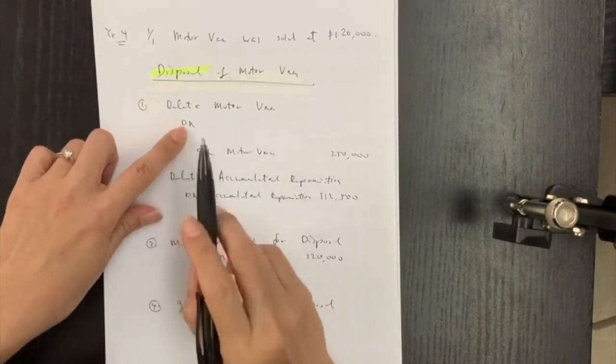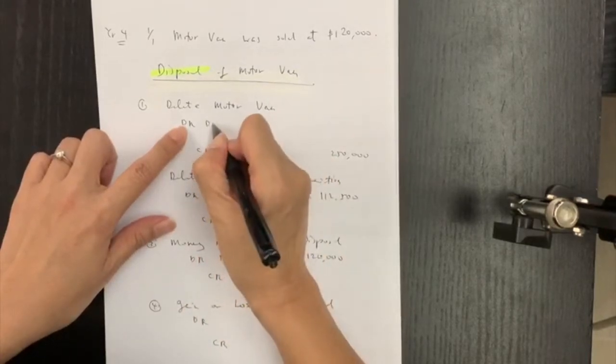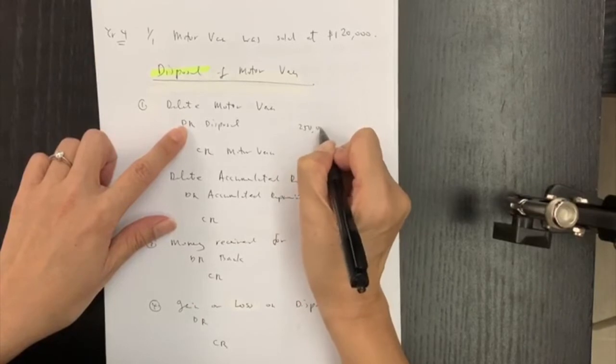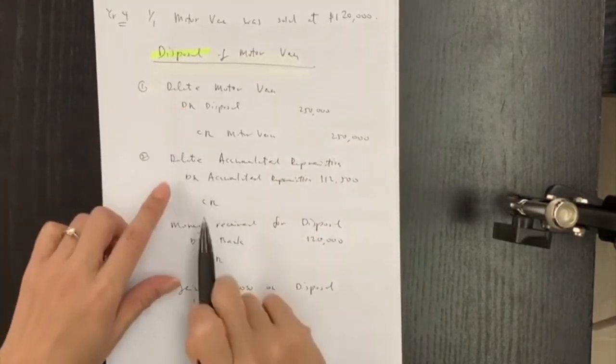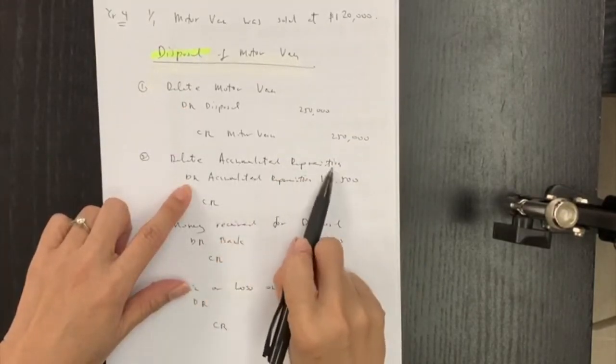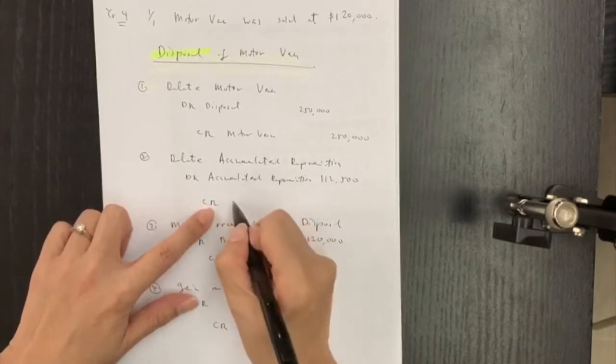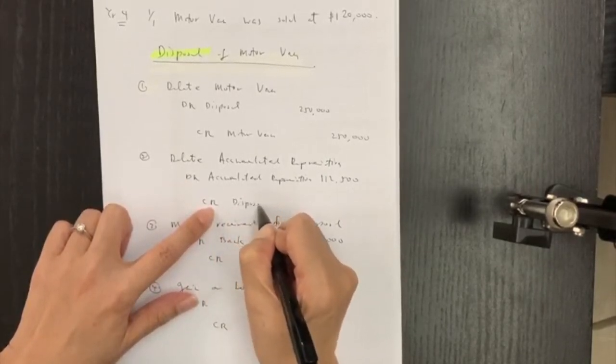And then the related account we use is disposal. That would be the same amount. Step number 2, to delete accumulated depreciation, we debit accumulated depreciation, and the related account is also disposal.